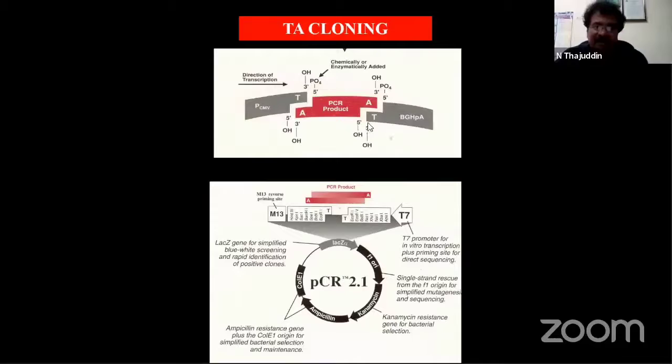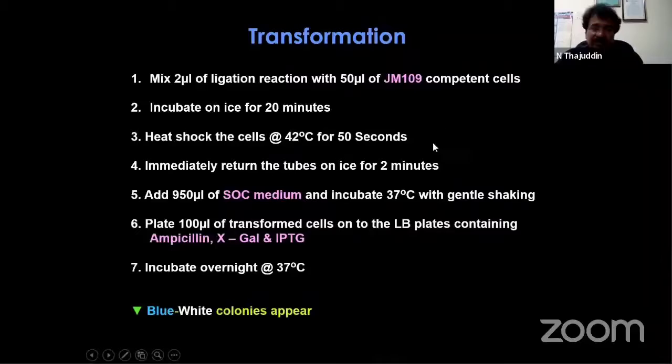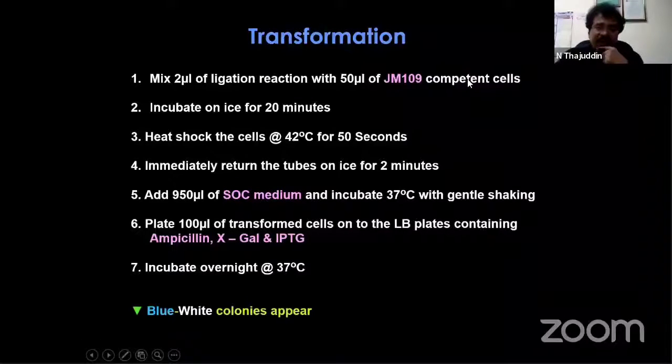That's why, if it is a recircularized plasmid, the lacZ site is intact, whereas in the recombinant plasmid, the lacZ site is disturbed by the insertion of the PCR product. So the next step, once you confirm that you have the recombinant molecule, that is vector with the PCR insert, is to transform the recombinant plasmid into JM109 competent cells, which are very well-defined cells.